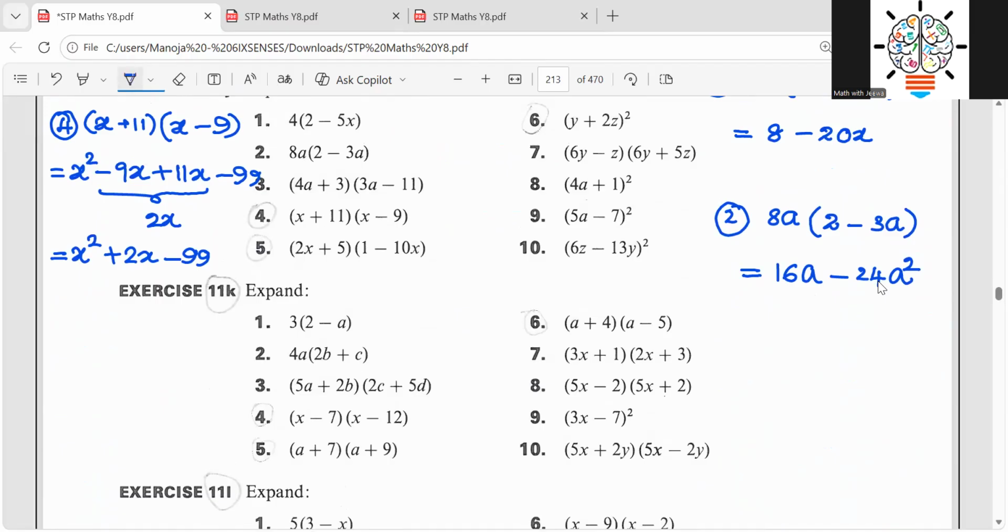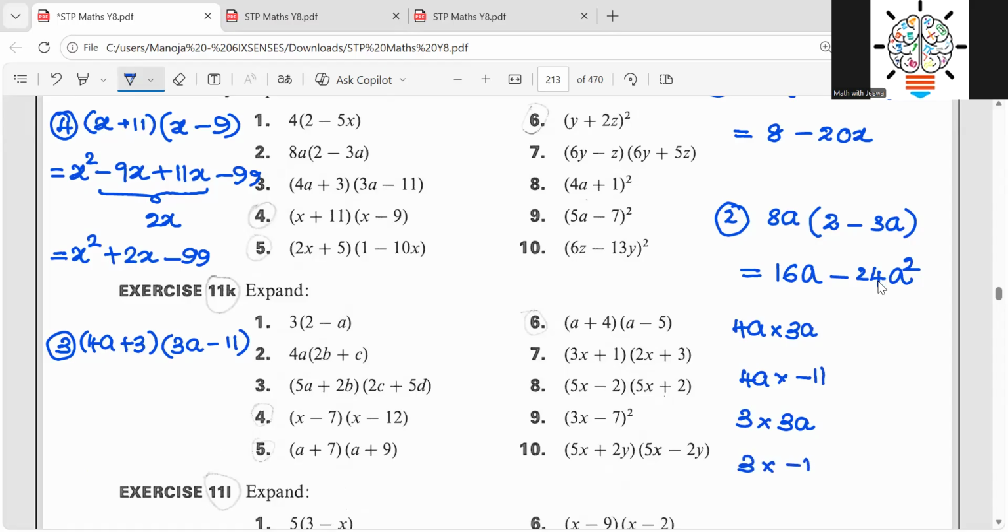Then I will move to a similar kind of question here. Let's say you have question number 3, 4a plus 3, and then you have 3a minus 11. Right? I told you, quickly you go to the working column and you write 4a times 3a, then 4a times negative 11, and then the 3 times 3a, and then the 3 times negative 11.